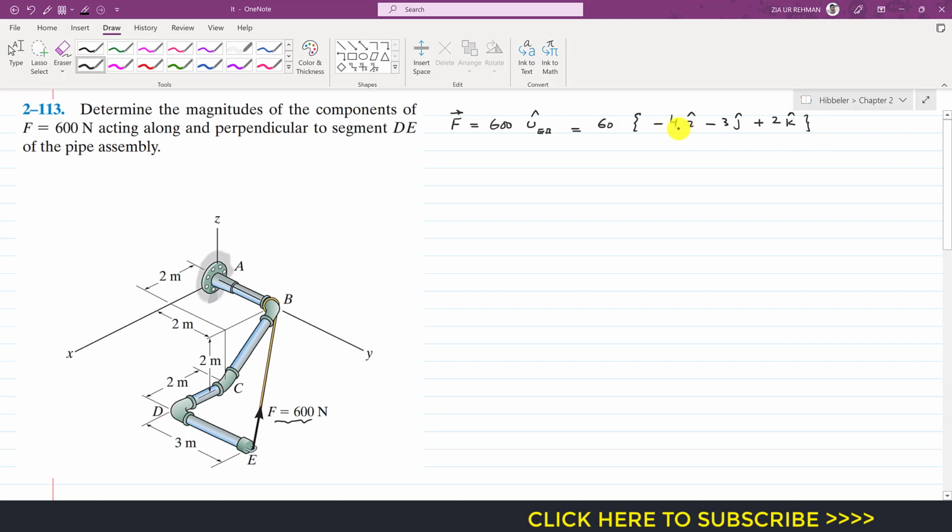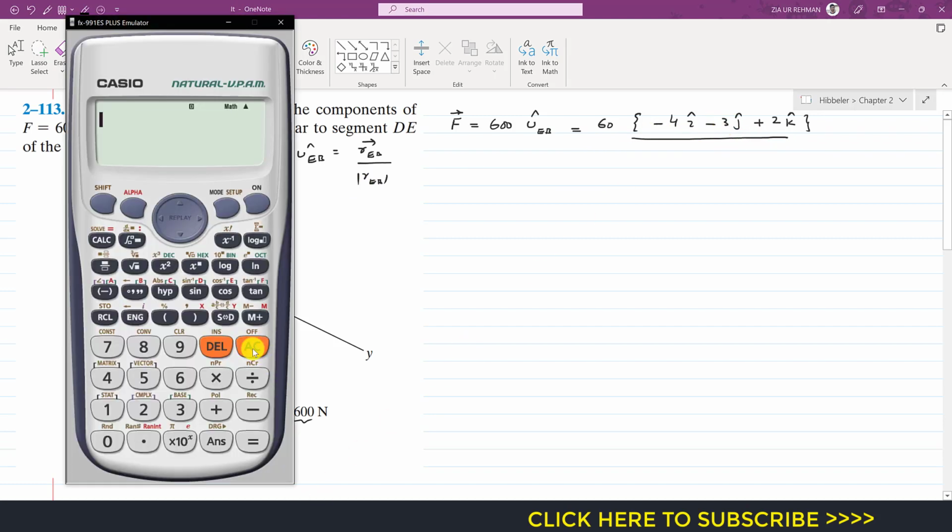So this is the position vector from E to B, since the unit vector from E to B is equal to the position vector from E to B divided by its magnitude. I will find the magnitude directly in the calculator. We take the squares of the magnitudes of the components: 4 square plus 3 square plus 2 square, and then the square root.